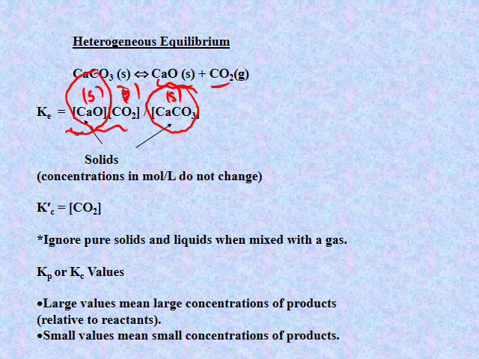So basically ignore that and consider it part of the definition of the equilibrium constant. The only thing that goes into the equilibrium constant is, in this case, carbon dioxide, which is a gas, and its pressure changes as the reaction happens.